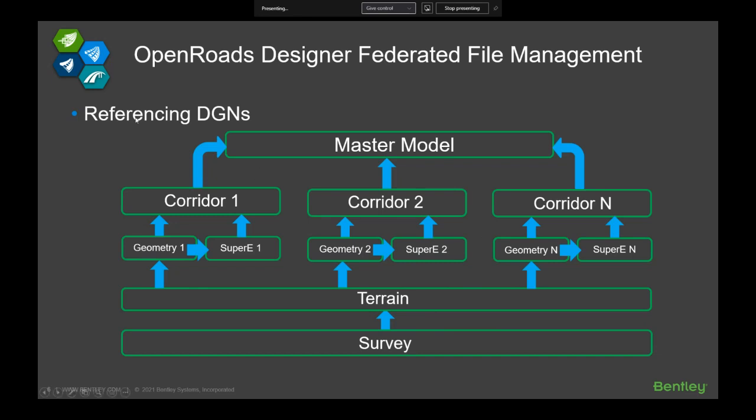Okay, so we should be referencing the terrain and not opening them or creating the geometry in the same file. And so on. Later on, when we create our corridor, we will actually reference geometry that is referencing the terrain, and so on. Are we clear?